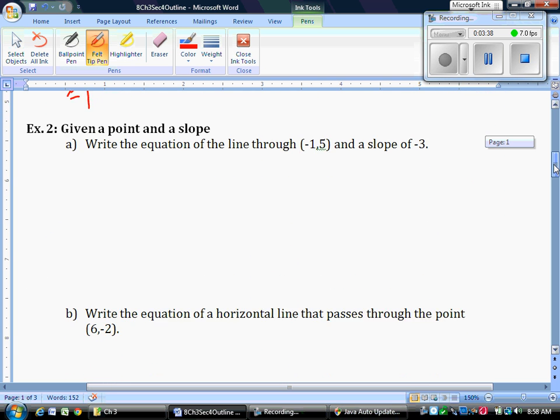Second type of thing: given a point and a slope. Here's where we're going to need point-slope form: y minus y1 equals m times x minus x1. A point and a slope. We want the equation of the line through the point with a slope of negative 3.